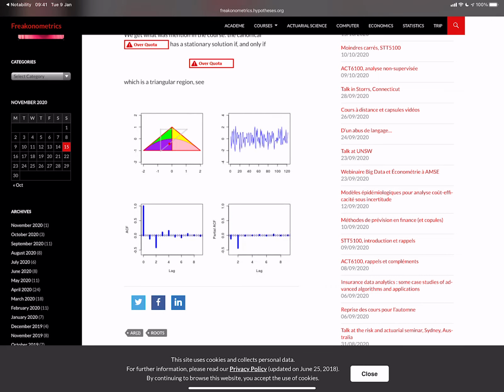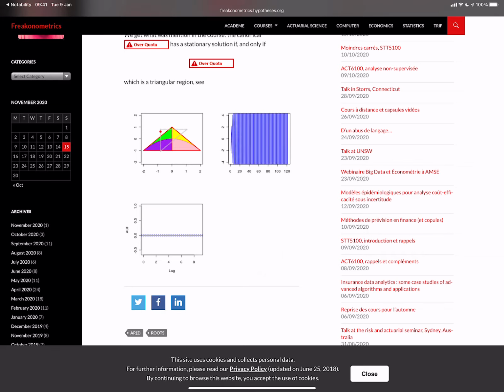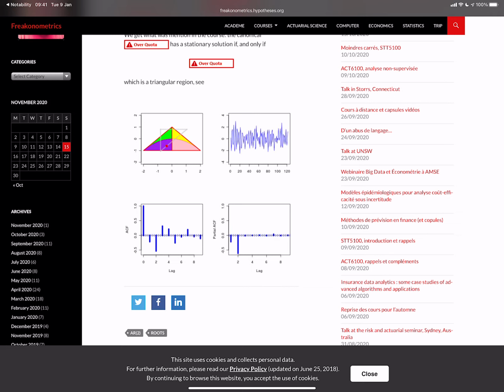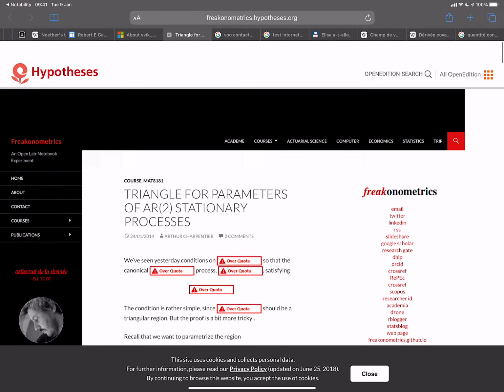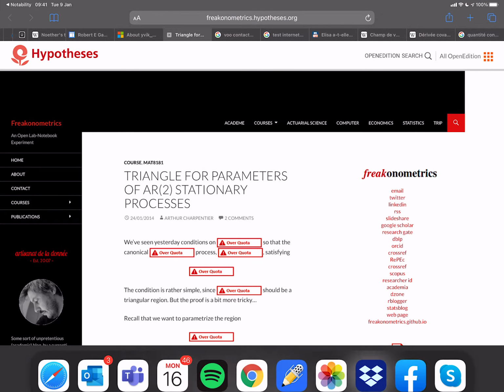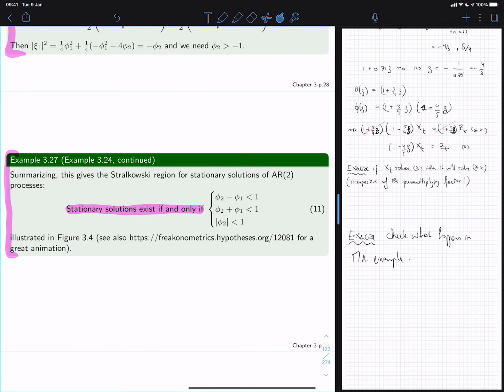Then you get no stationary solution, and it explodes, and so on. So he has a lovely simulation of the behavior of the solutions, depending on the position of the parameters. And in the yellow and green regions you have a nice solution, and otherwise you don't. Sometimes it just explodes, sometimes it's not causal. Okay? But sadly the rest of the text has gone wrong for reasons that I can't explain.